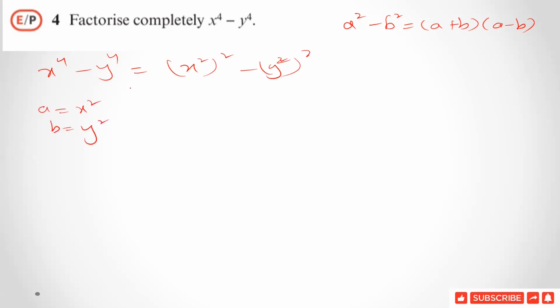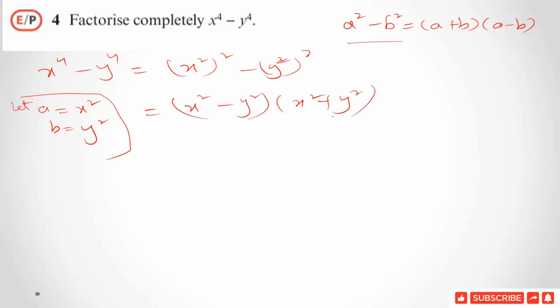Applying the same formula, we get x square minus y square, x square plus y square. Okay, but for x square plus y square, we do not have another formula, so we cannot factorize it further, but we do have a formula for this one, and we apply the same over here. This time we take x as a and y as b.